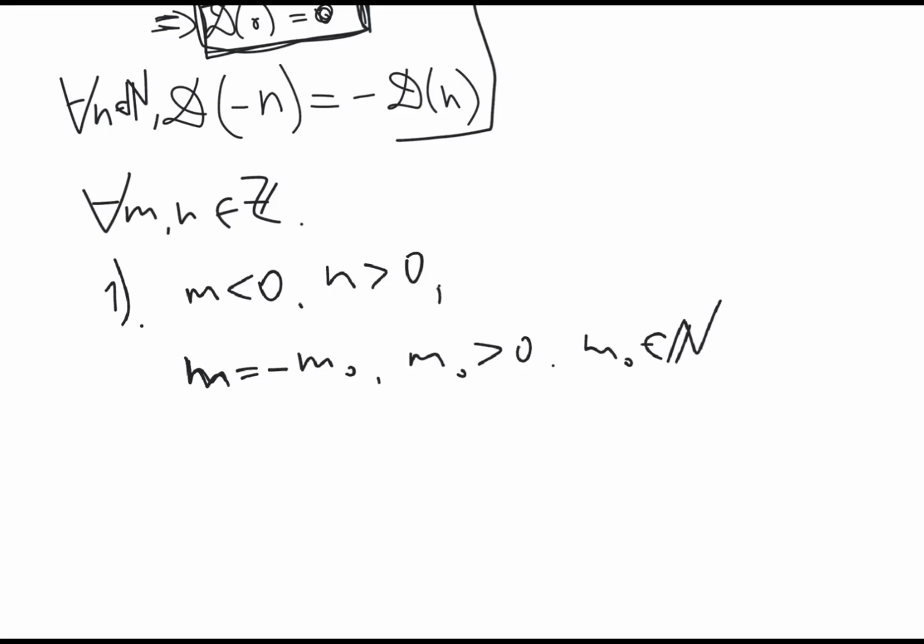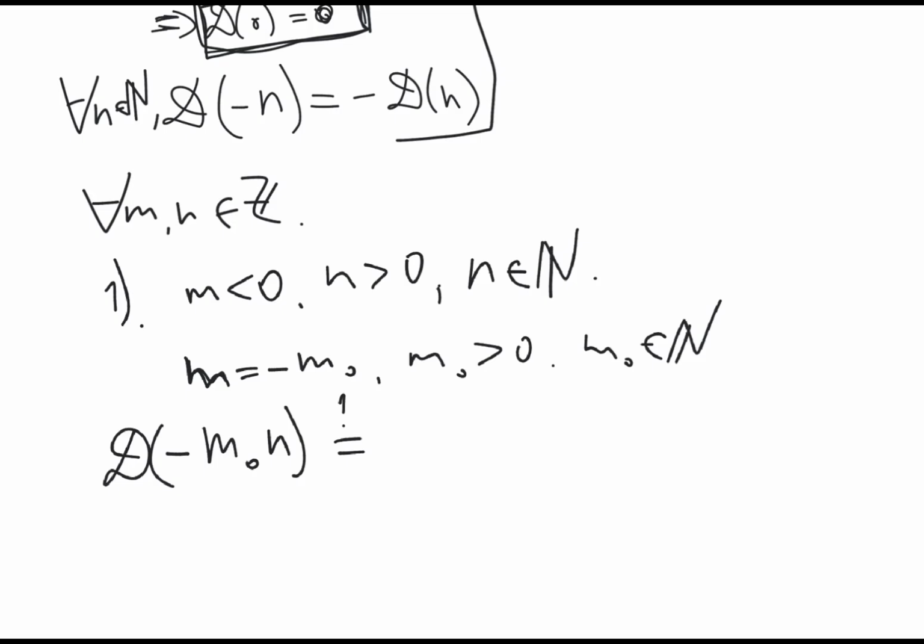And here n is also a natural number because it's positive. So the product rule that we need to verify becomes d of minus m0 n.